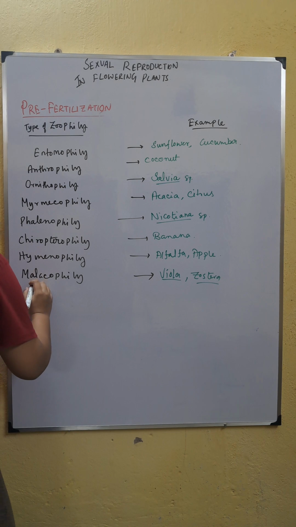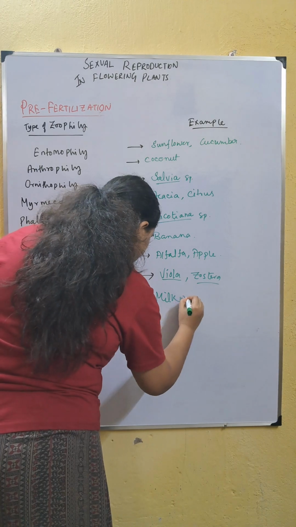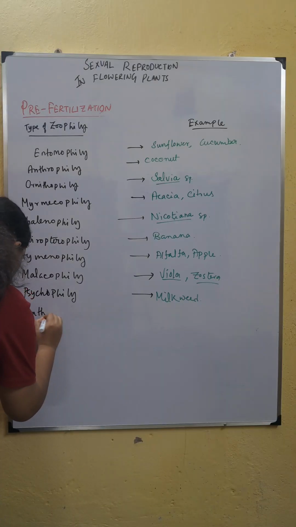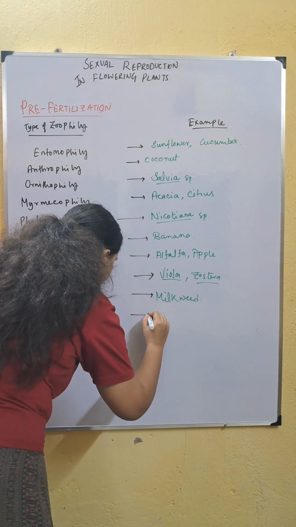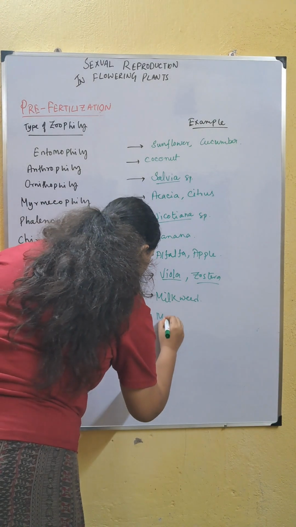Next, Schizophily. It is the pollination by butterflies, seen in milkweed plant. Cantherophily is the pollination by beetles and it is seen in magnolia and water lily.